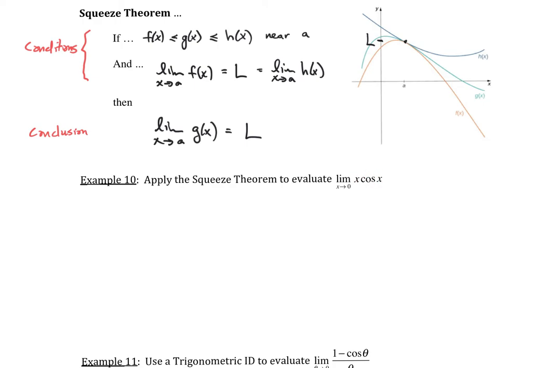So I know that cosine of x is going to be bounded between -1 and 1, right? Remember that when you look at the graph of cosine, it looks something like this.